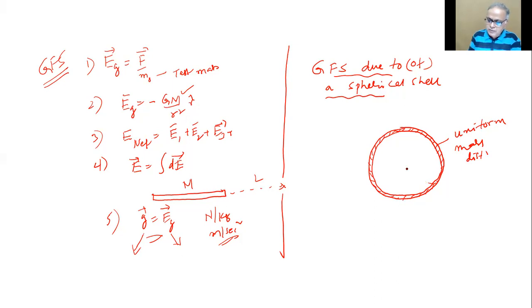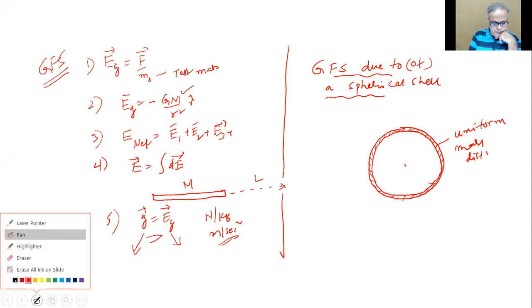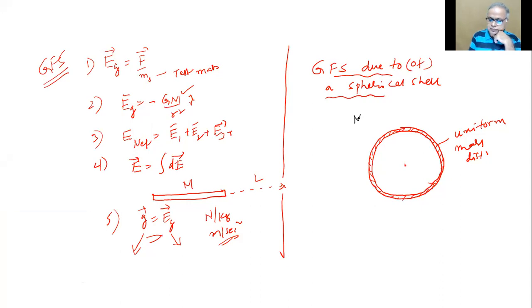That's what you mean by a uniform shell. Let us consider the mass of this to be M and the radius R. So finally, I would like to get the gravitational field strength of this shell in terms of this M, R, and probably G, because G is a constant, it keeps coming everywhere.